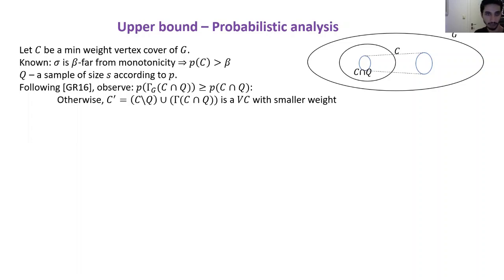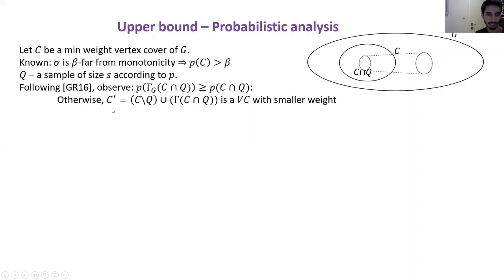And this is true because C is a vertex cover, so every edge in G has at least one of its vertices in C. And either this vertex was not sampled, so it is in C minus Q, or this vertex was sampled, so it's in C intersection Q, and thus C prime contains its neighbors, the other vertex of the edge.